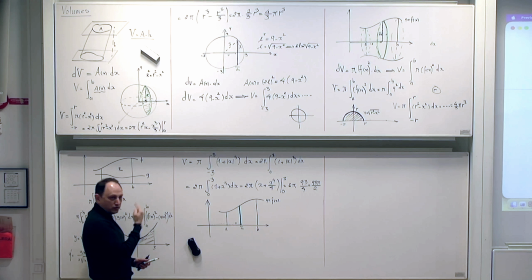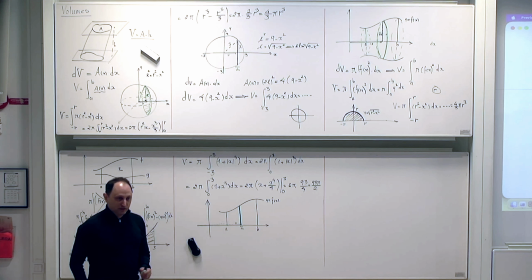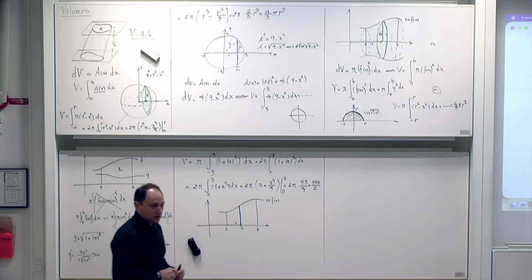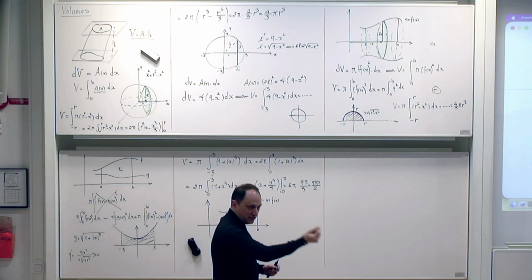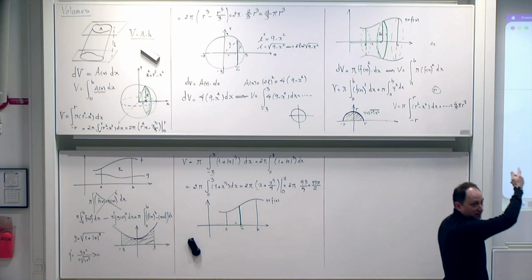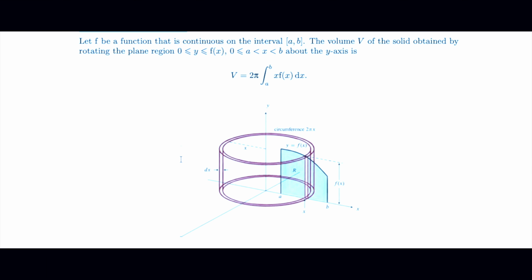What do you think this thin rectangle generates after being rotated about the y-axis? Do you agree it will generate a thin cylinder, which is called a shell? This is called the method of cylindrical shells. Can you see that here? So here is that slice. If I rotate this about the y-axis, at least you can imagine that this thin shell will be generated.